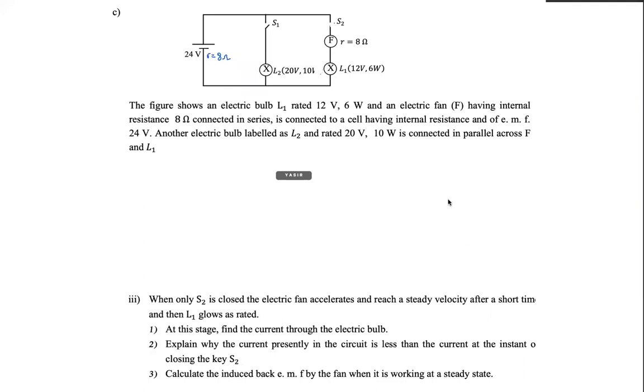We don't want these things in the new diagram. We'll get rid of them because S2 is closed. S1 is still open. Only S2 is closed. They have clearly mentioned that. So there's no point of drawing the middle part. We'll get rid of the entire middle part because no current will flow through that. So it's useless.